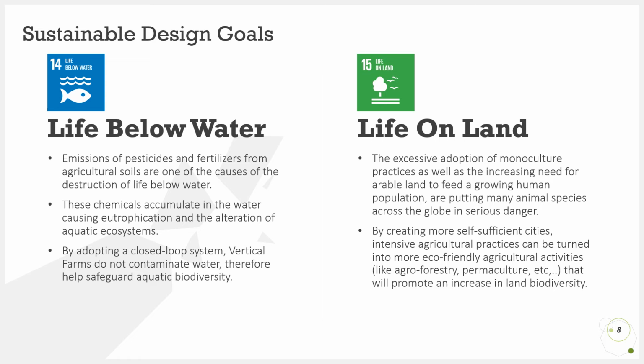The excessive adoption of monoculture practices, as well as the increasing need for arable land to feed the growing human population, are putting way too many animal species around the globe in serious danger. By creating more self-sufficient cities and reducing intensive agricultural practices, land can be turned into more eco-friendly agricultural activities such as agroforestry or permaculture, that will promote an increase in land biodiversity.